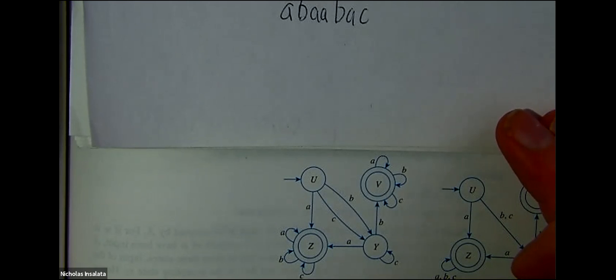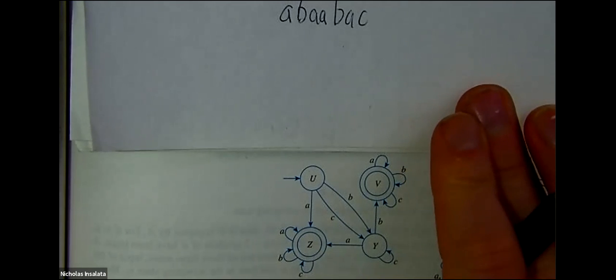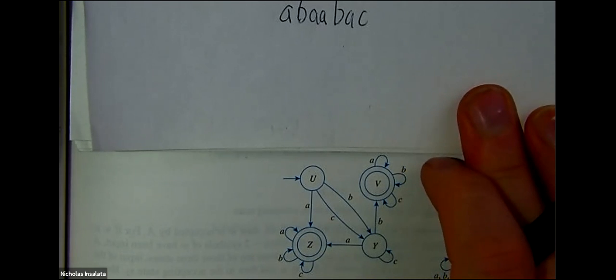Okay, so which state are we going to start in? I'm going to use this one on the left. So which state do we start in here? U, perfect. Okay, reading in A, where do we go next? Z, good.